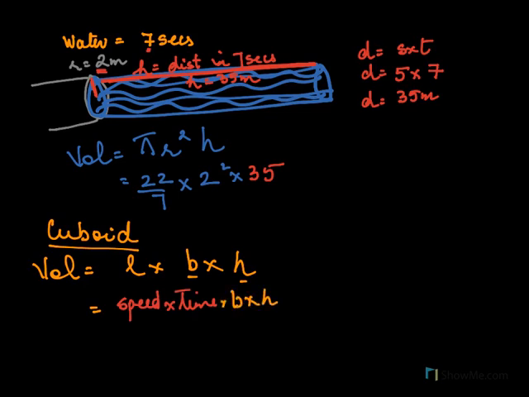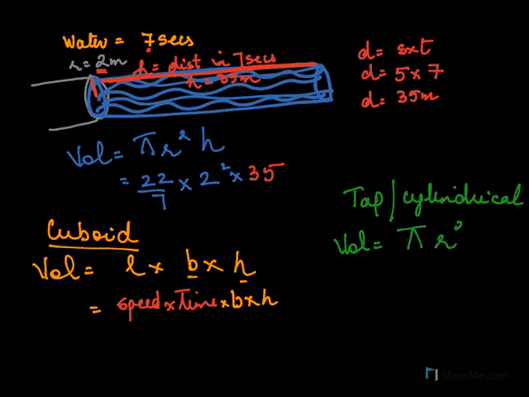But however, if your water is coming out from a cylinder, like from a tap or any cylindrical shape, then the volume of water in this case will be pi r square h. And here the r will be given to you. However, the h will be now your speed into time. So these two formulas you need to remember.